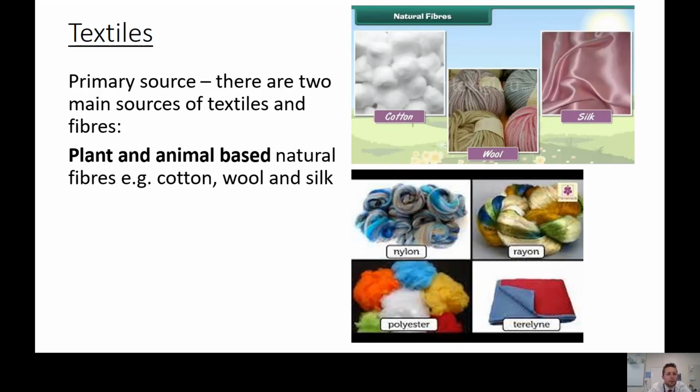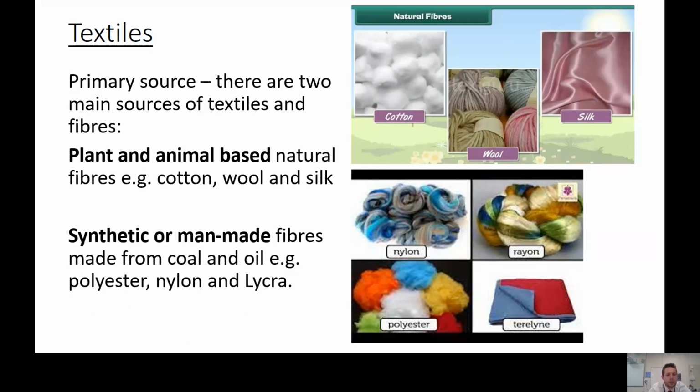And then the primary source for the second group of our textiles is synthetic or man-made fibres. We have created nowadays synthetic and man-made fibres, and believe it or not, these are made from coal and oil.